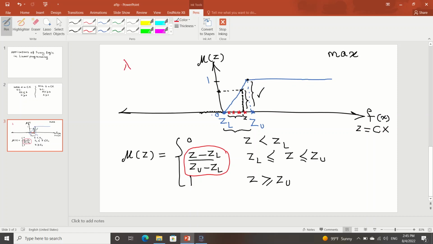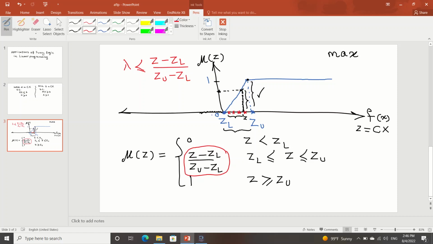And if we want to maximize this variable, we must define lambda is less than Z minus ZL divided by ZU minus ZL. This expression means that you are going to maximize lambda.